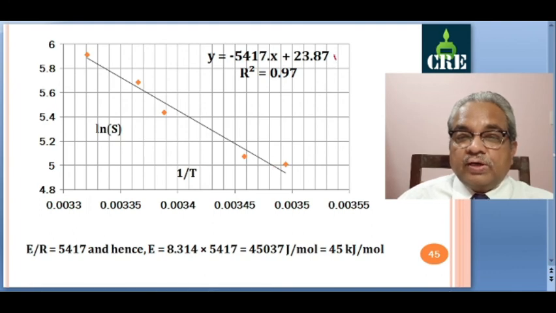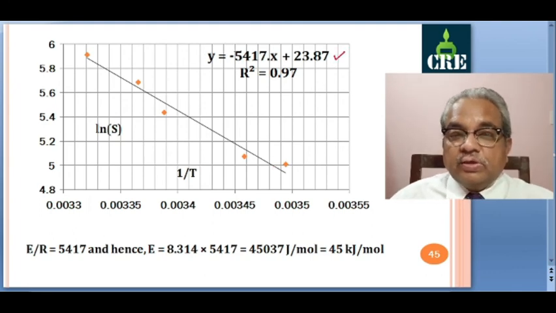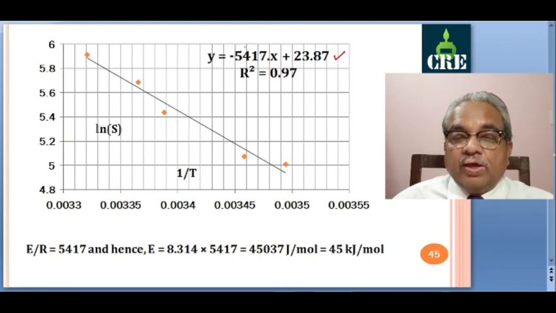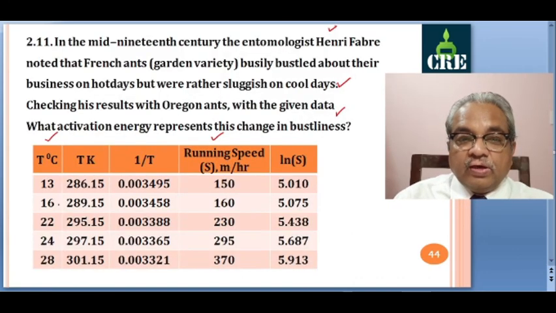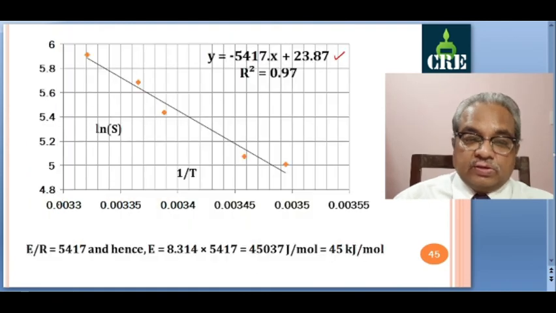The equation you also get directly in Excel: minus 5417x, so the slope is negative and the magnitude is 5417. 23.87 is the value of ln of K, and exponential of 23.87 will give you the value of K. Here we are not interested in finding K.